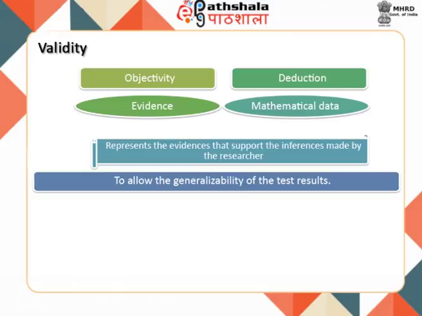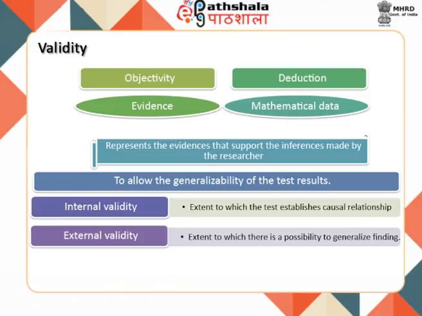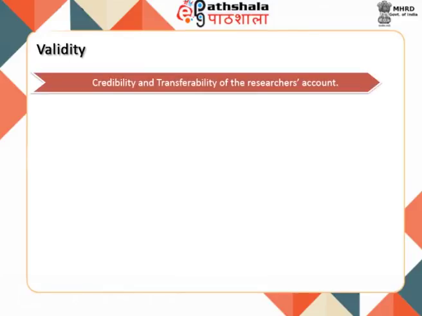The principal forms of validity that the researcher aims to establish are internal validity, the extent to which the test establishes causal relationships, and external validity, the extent to which there is a possibility to generalize findings. The main validity criteria are checking for the credibility and transferability of the researcher's account.